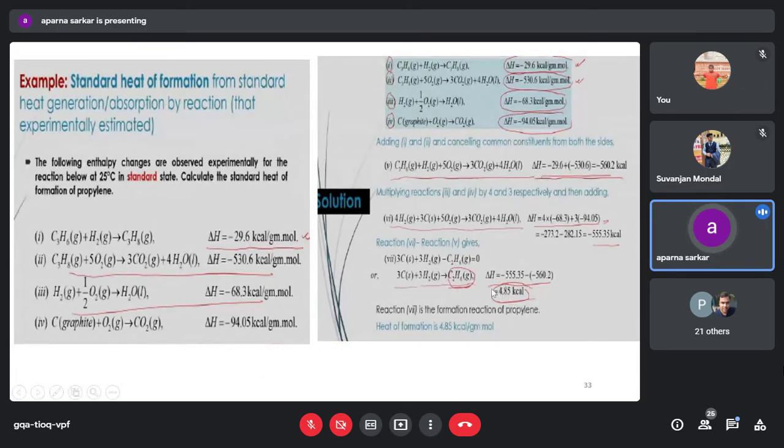Now this del H value is giving a positive value. So from this we can say this is an endothermic reaction. This is the actual formation reaction of propylene. So from this final calculation we can say the heat of formation is 4.85 kilocalorie.